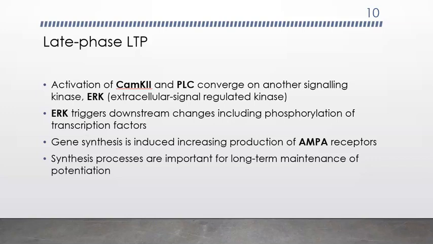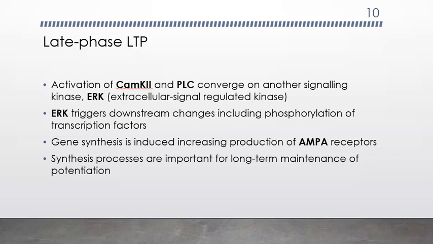Okay, so early phase is saying, hey, you know those AMPA receptors you have in storage, let's put them on the synapse. Late stage is taking ERK and telling the cell we need to make more AMPA receptors so that those new AMPA receptors can also go.